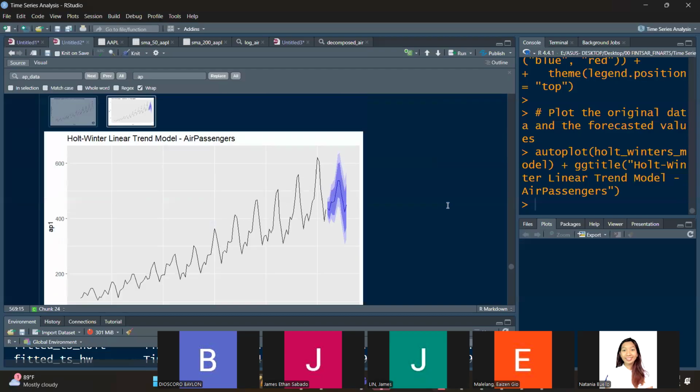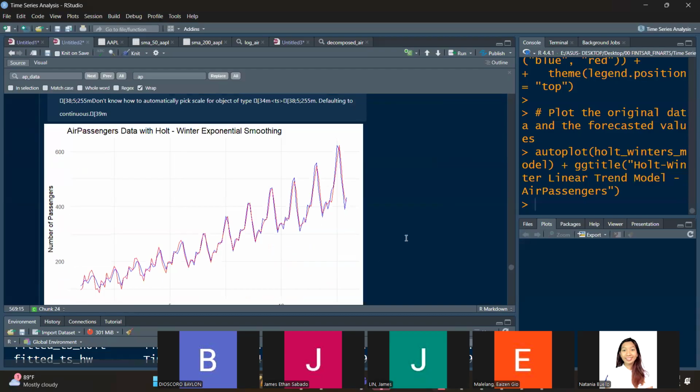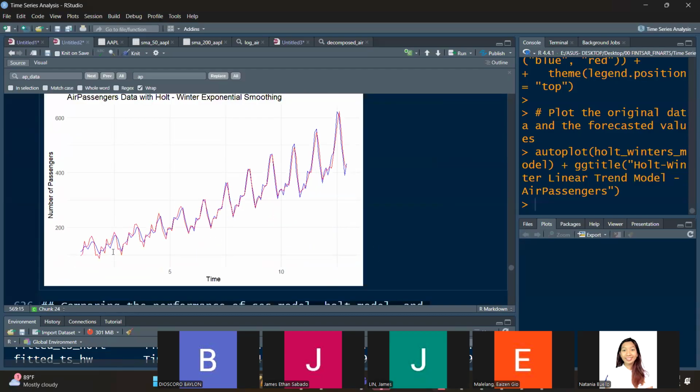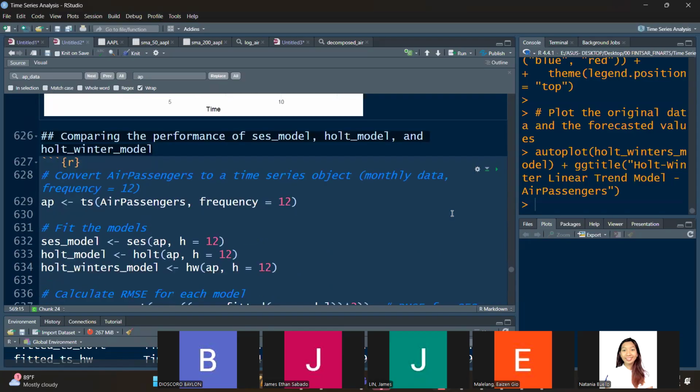You can now see that the Holt-Winters method is a bit more accurate than your SES or your Holt method. Although in the first few observations, it might not be as accurate as your Holt, but overall, class, the Holt-Winters method is a lot better.